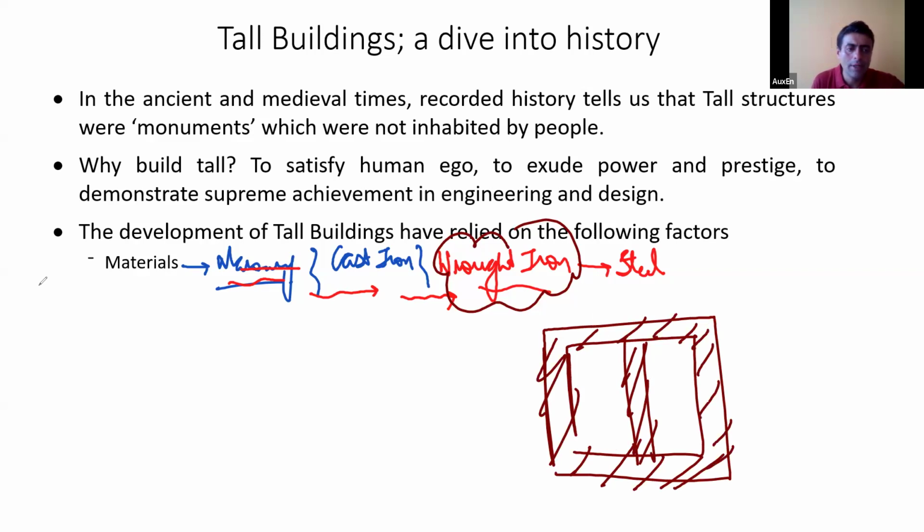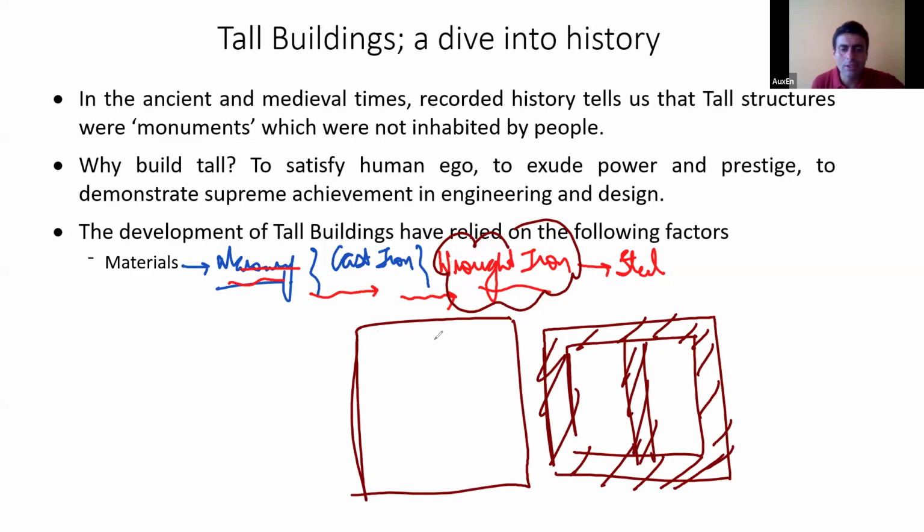Now suddenly, instead of such a large plan coverage by masonry, I could manage my structural members in only 4-5% of the plan area, because I replaced my masonry structural members by steel members like this. This is the plan, and this is steel columns. Suddenly, as Mr. Chinmay is saying, my usable space increases.